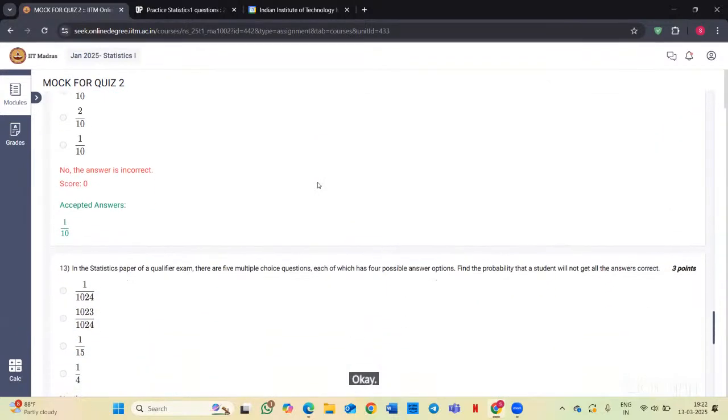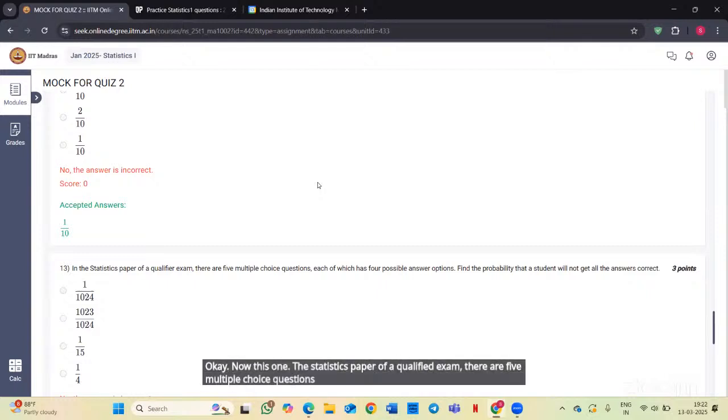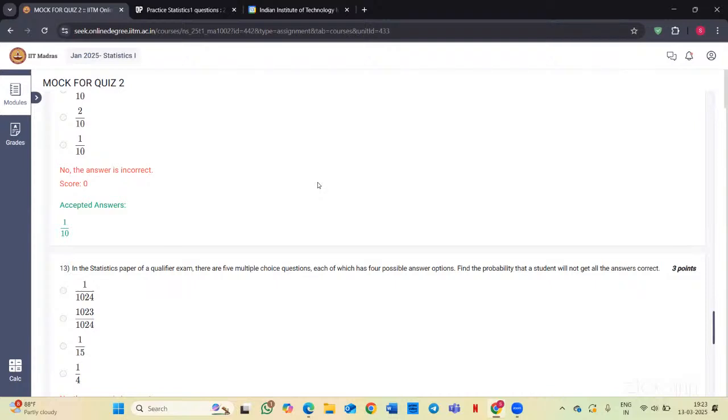Now this one. In the statistics paper of a qualified exam, there are 5 multiple choice questions, each of which has 4 possible answers. Find the probability that a student will not get all the answers correct. You guys solve it and let me know the answer.